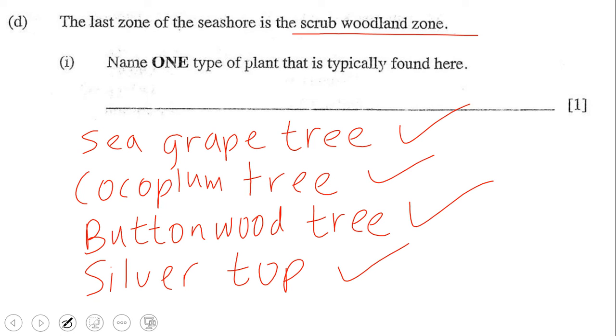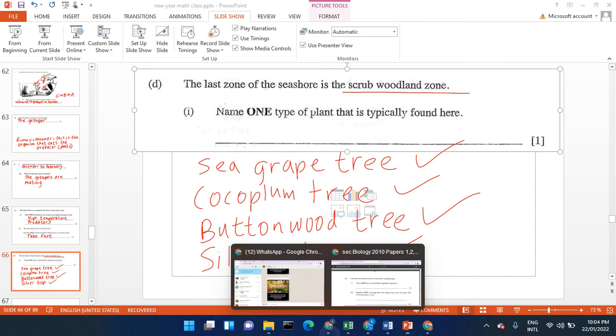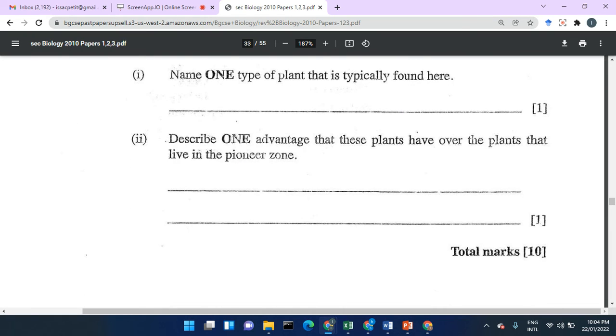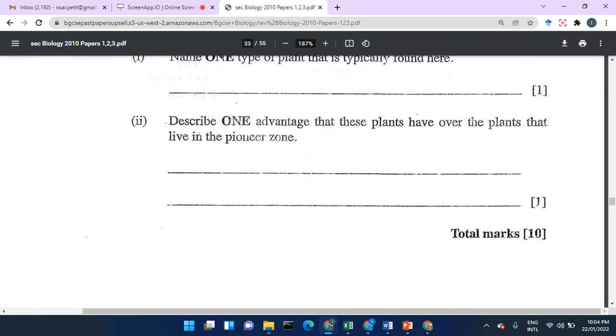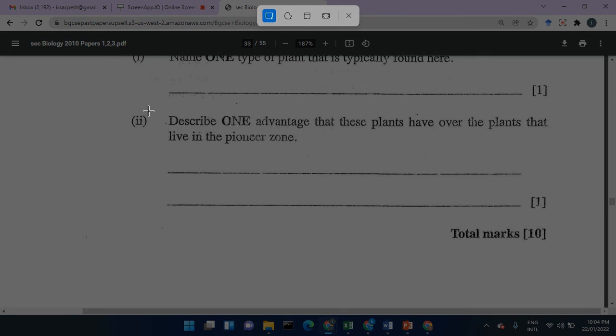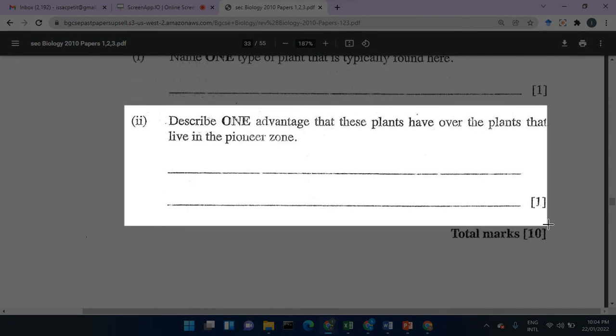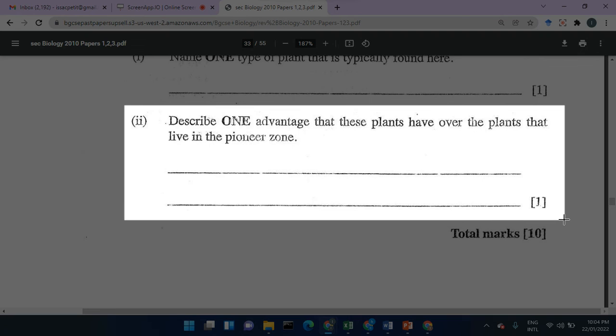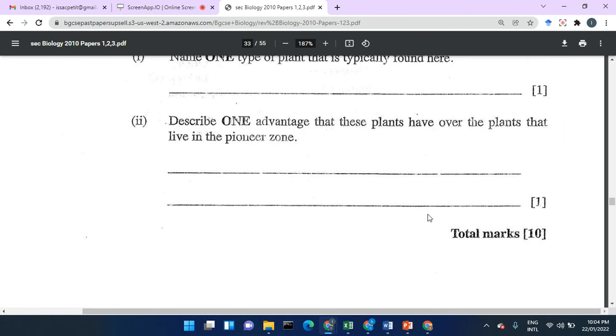All right, now to our final question for this section. It states, describe one advantage that these plants have over the plants that live in the pioneer zone.